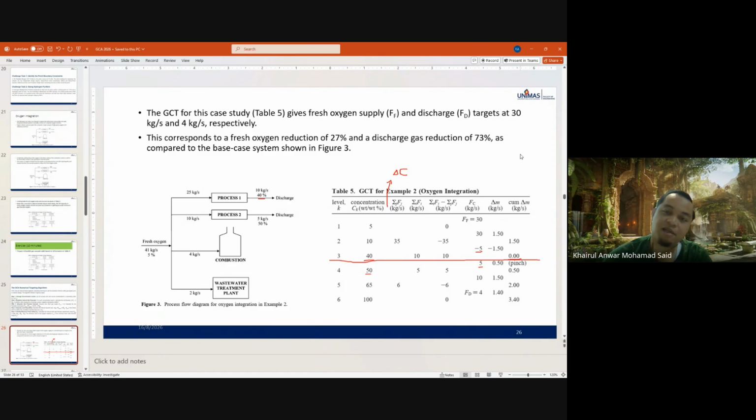Since this process includes non-mass transfer and mass transfer, the fresh oxygen fed into the system is 30, reduced from 41, which is good. But at the end, only 4 becomes the discharge, which is very good, from 15 to 4, because some of it is used for the non-mass transfer.